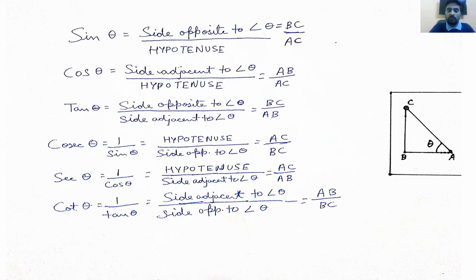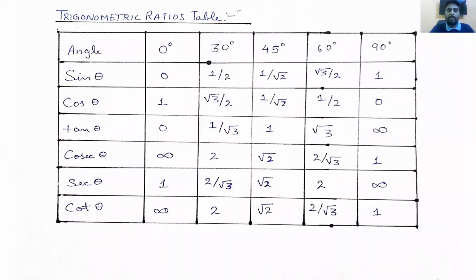Okay. So we know how we can get sine theta, cos theta, tan theta, cosec theta, sec theta, and cot theta. Now there is a trigonometric ratios table. There are some specific angles for which there are predefined values of sine, cos, tan, cosec, sec, cot, which we will be using in our questions.